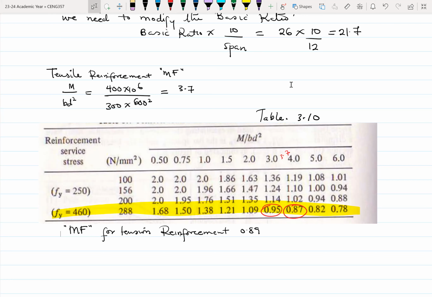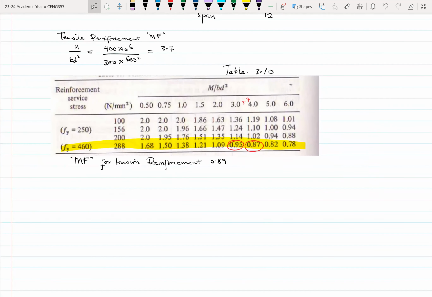All right, so now let's look at the compression reinforcement. With that one, we need to find this equation, 100 AS prime over BD. All right, where it's 100.